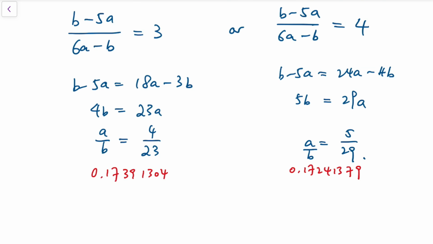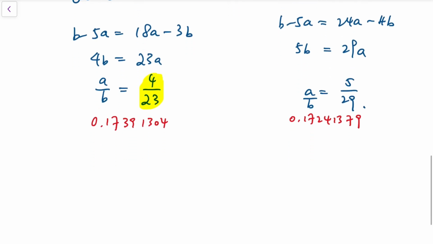However, we are looking for fractions with the minimal denominator, so 4 over 23 has the smallest denominator. And of course, we can check that all fractions with smaller denominators cannot fall within the given range. So that means 4 over 23 is the fraction that we want, and this is our final answer.